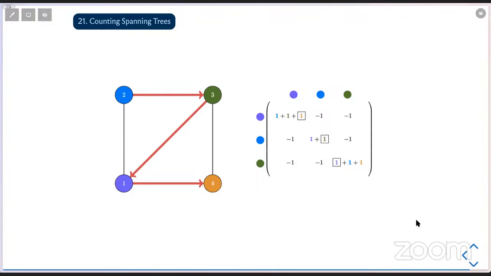Then you work your way backwards to recover a full orientation of all of the edges. This will correspond to a term in the super expansion, which, because these terms are all positive, all correspond to the identity permutation, which has positive sign. So it's a product of +1 entries, and the permutation also has a +1 sign. So all of these spanning trees contribute a +1 to the sum.